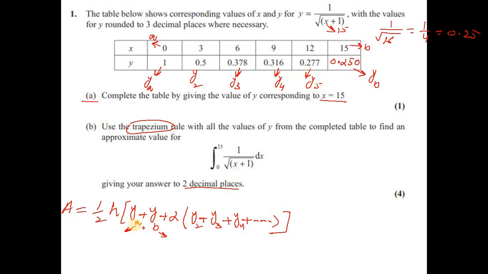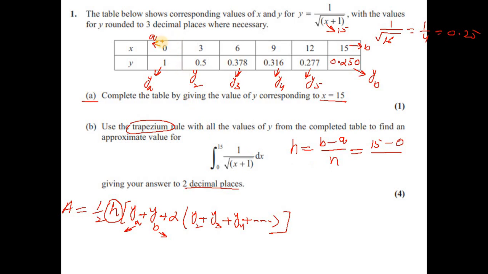So you have the values of ya, yb, and the intermediate values, and h is the interval width. You can find h using b minus a divided by n. b minus a is 15 minus 0, divided by n. n is the number of strips or number of intervals.